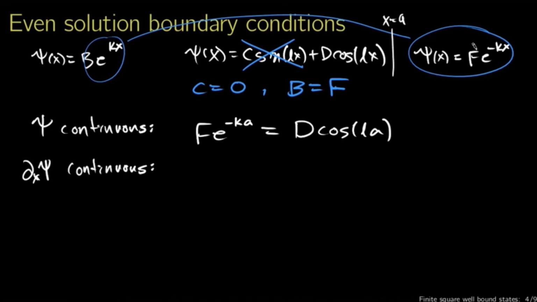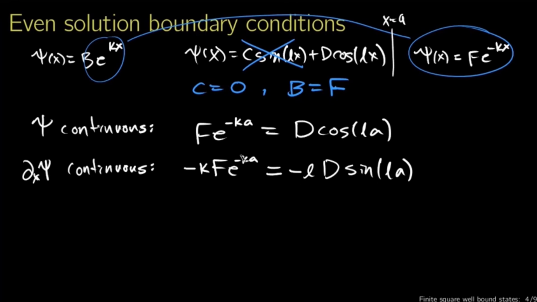So if I take the first partial derivative of this with respect to x, I'm going to bring down a minus k, and I'll get minus k f e to the minus ka when I plug in x equals a. The right-hand side of my equality then comes from evaluating the first derivative of this expression at x equals a. When you take the first derivative, you pull out the L, and the derivative of cosine is minus sine. I'll have a minus L d sine La.